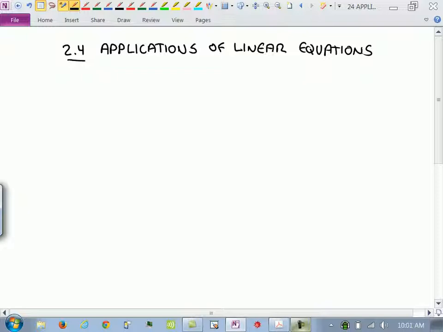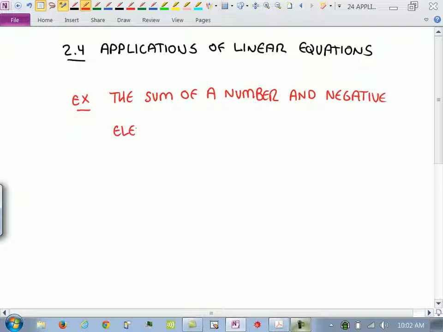All right, so the first problem is this. The sum of a number and negative 11 is negative 15.